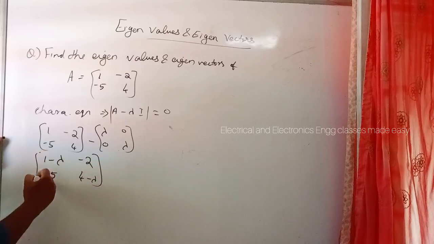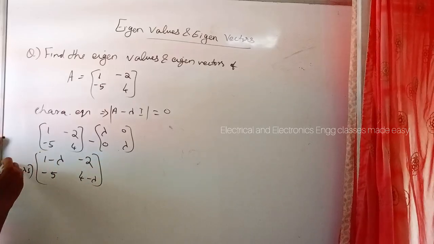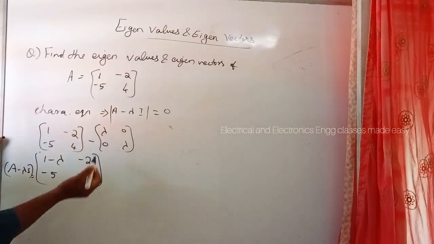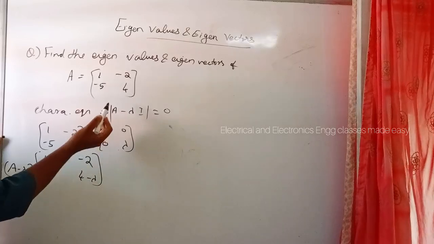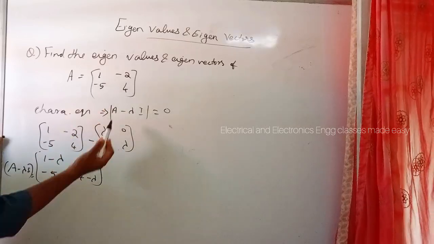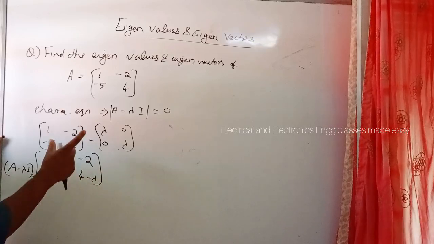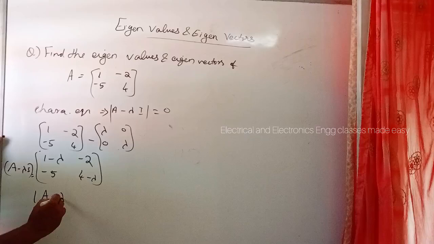So this is A minus lambda I. Here we only change the diagonal elements, that is 1 minus lambda here and 4 minus lambda here.